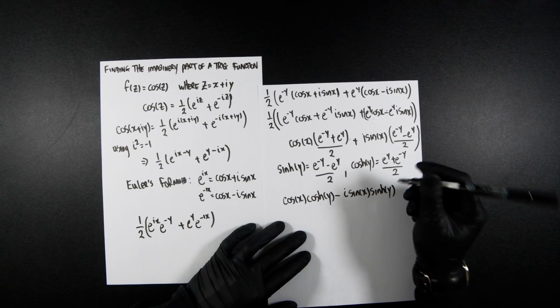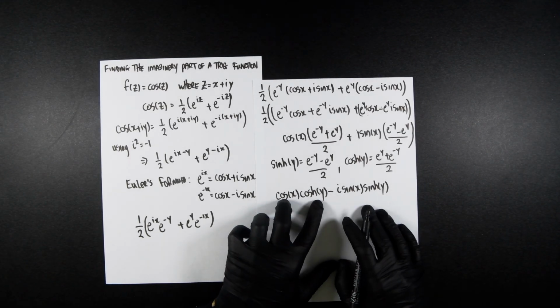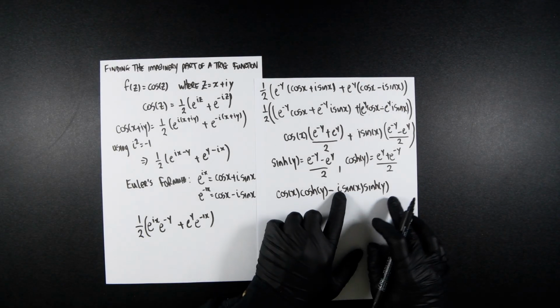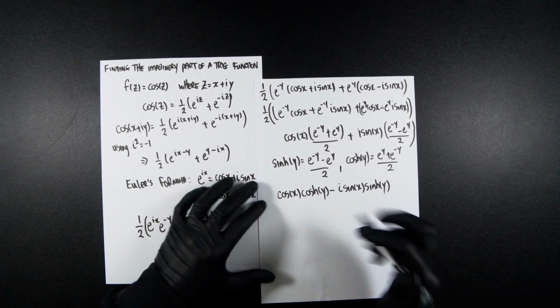And then we want to look at just what is the imaginary part. So this is the real part. The imaginary part is everything that comes after the i. So that's here.